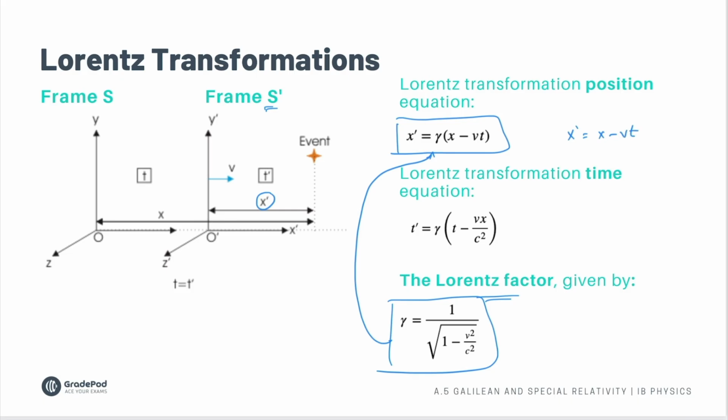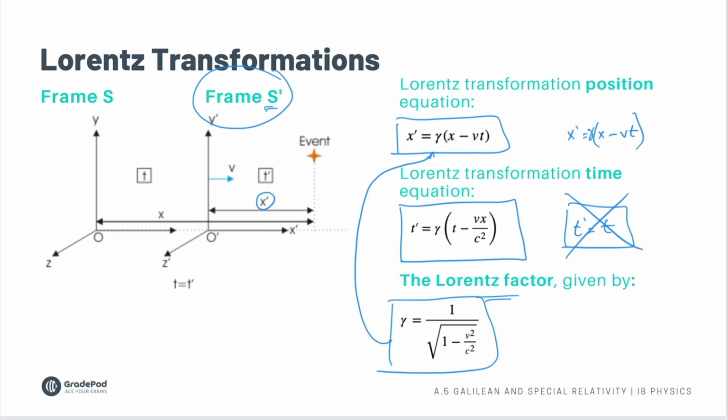But instead we put in this Lorentz factor to account for the fact that frame S dash is moving close to the speed of light. If you want to find the time in frame S dash, in the olden days we had this equation with Galilean transformation. That can't happen in special relativity because time is not absolute. So to find time with special relativity, we use the Lorentz transformation, which includes this Lorentz factor.